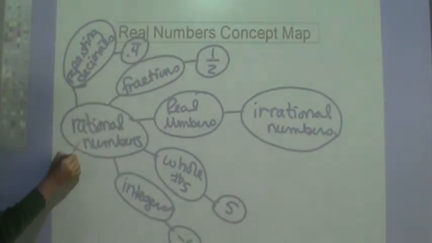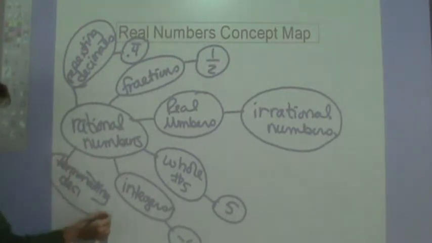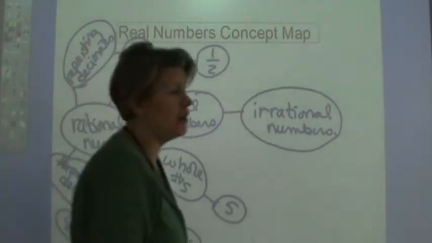And we have terminating decimals, so that would be like 4.1, when it terminates, when it ends. So all of those numbers are all rational numbers. So what does that leave for irrational numbers?